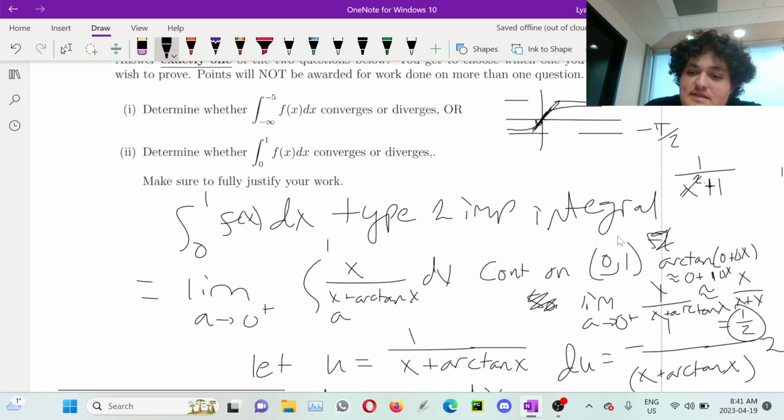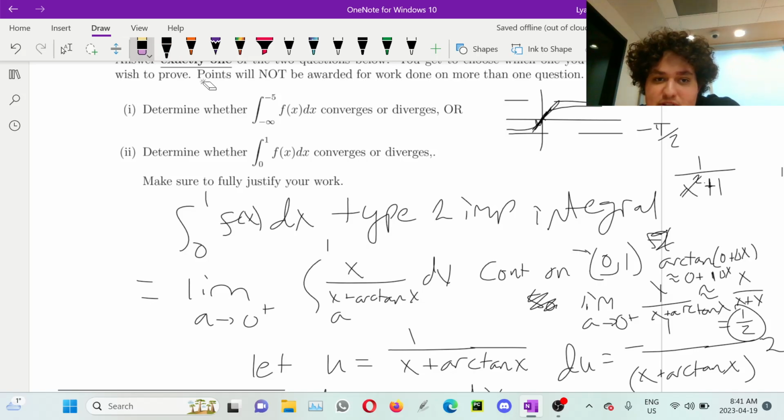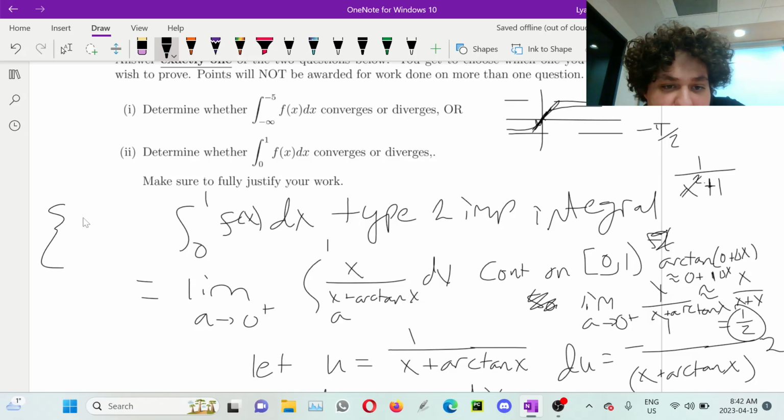So basically it's continuous, and there's no asymptote, right? Because there's no asymptote, we can basically fill in the gap at half, and if we put that there, then we can define a new function which will have the exact same area, as a piecewise function where it's x over x plus arctan x when x does not equal 0, and it's equal to half at 0.